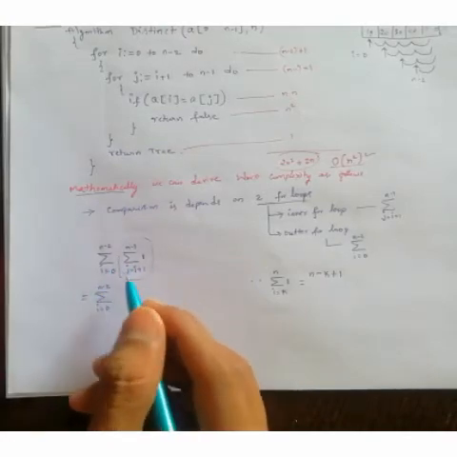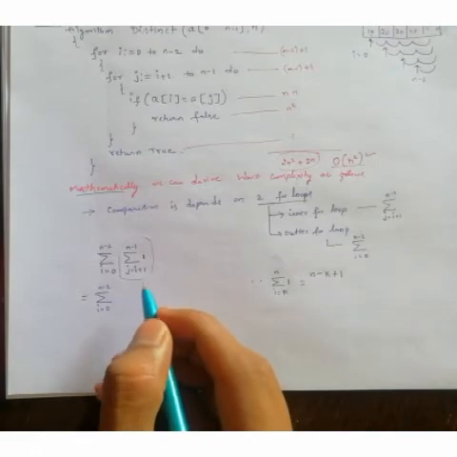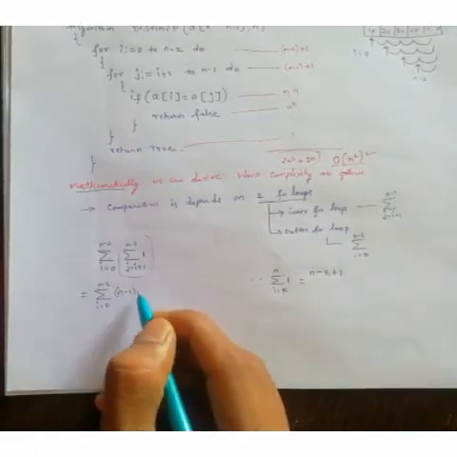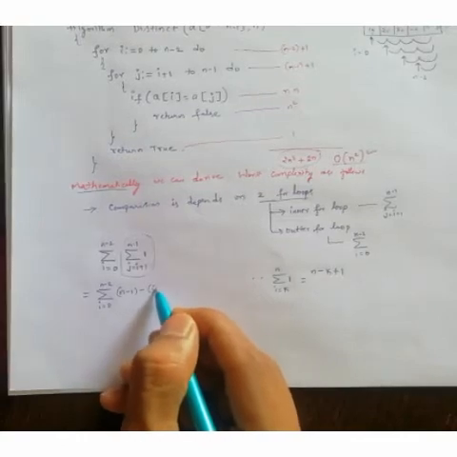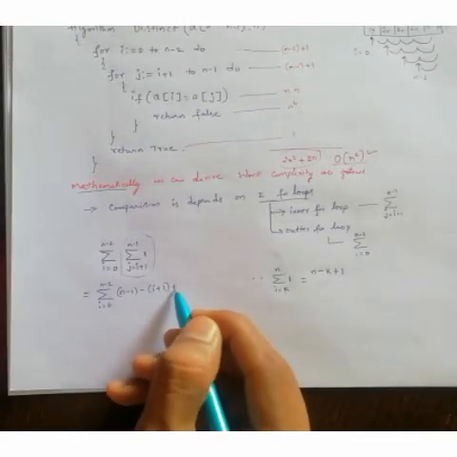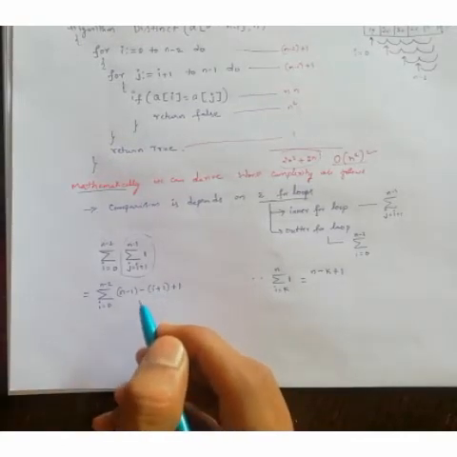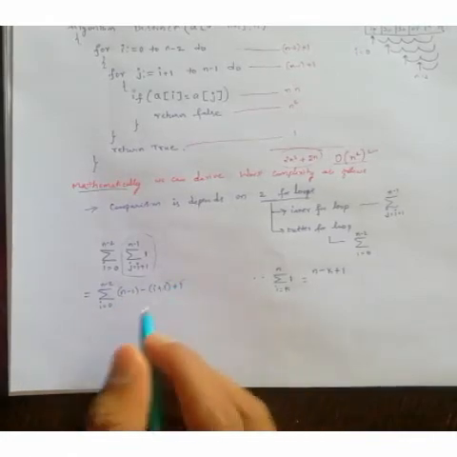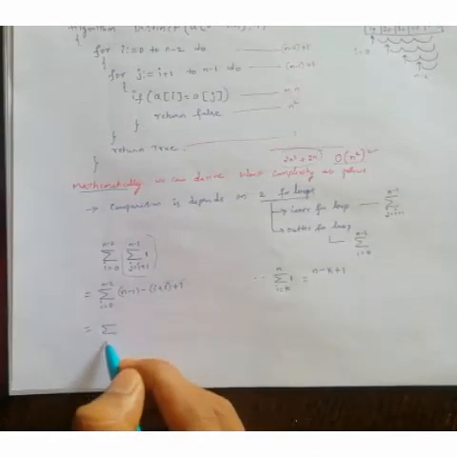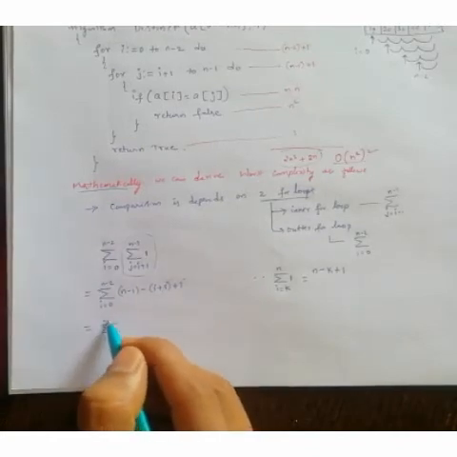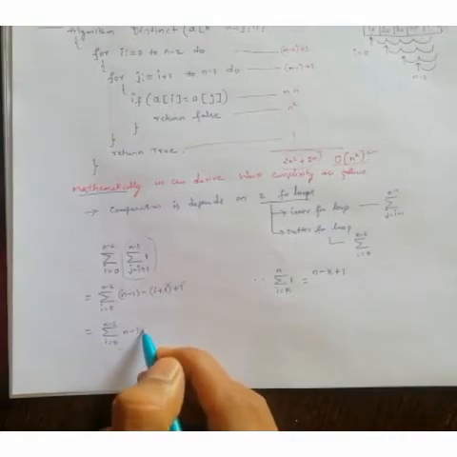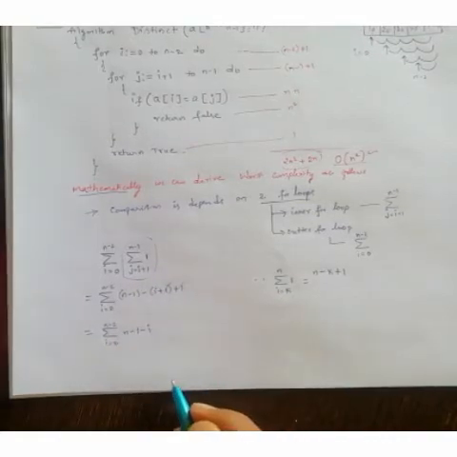Just I am removing summations to get the final value. So can I write upper limit minus lower limit plus 1? Yes, I can write. So here minus 1 plus 1 gets cancelled. So finally I will get summation I is equals to 0 to n minus 2, n minus 1 minus I. Yes, I can write like this.